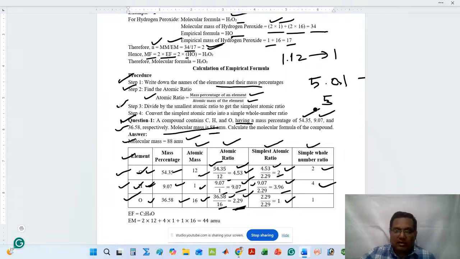Like that, suppose a value is given 1.5. Look at that. Then this is another type of critical problem. In this case you cannot write 1 or 2. In this case you multiply with another whole number, maybe 2.